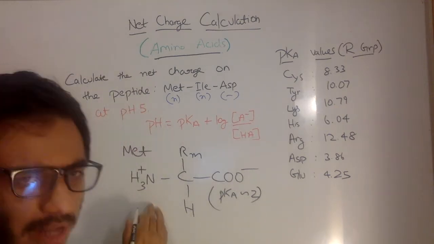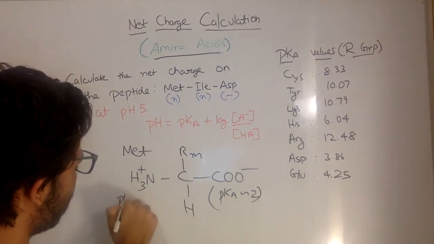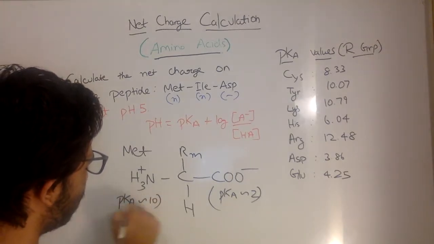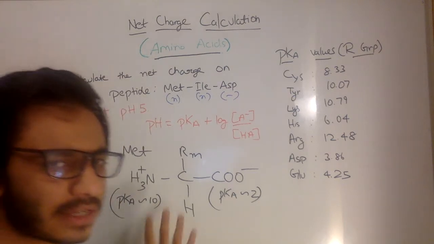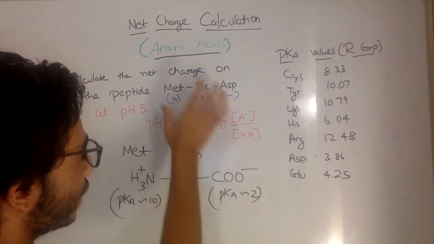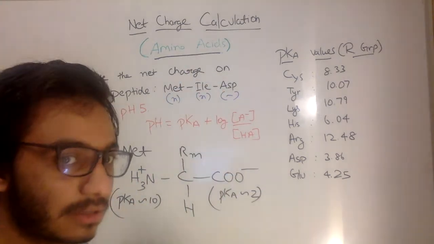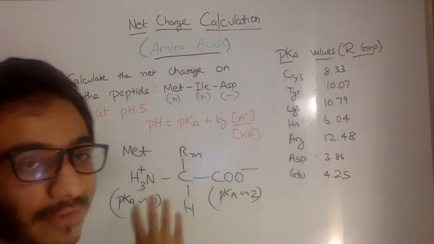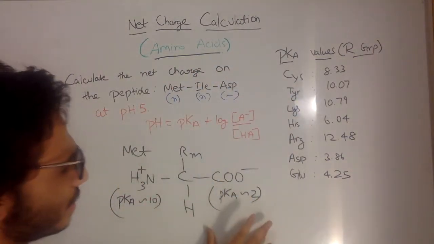And for the N terminus, for all amino acids, the pKa is around 10. This is the basic idea we use in calculating the net charge for single amino acids, dipeptides, tripeptides, or any number of amino acids.